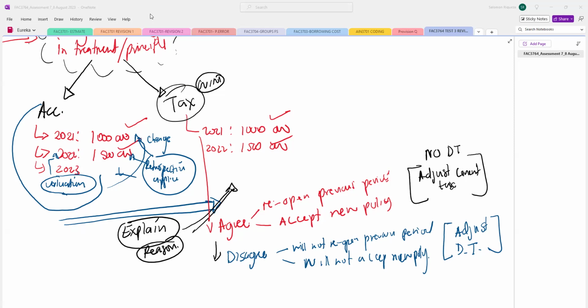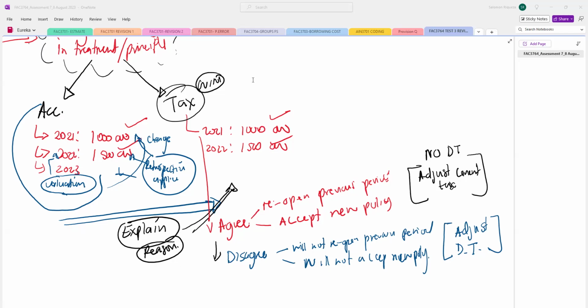So I want to understand, in terms of the preparation, the effect of this change when they say we are going to reopen the previous year's books. It means we have to show the effect of this change. Am I right? Yes. Because there's a change, we have to show the effect.